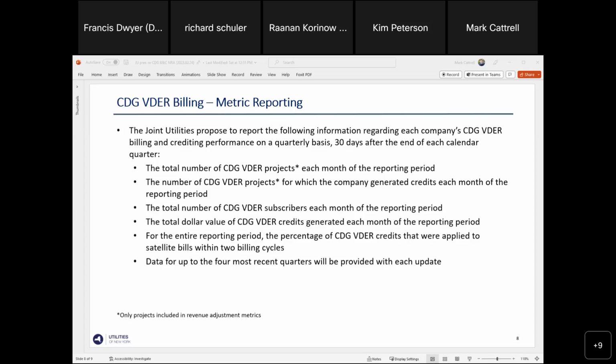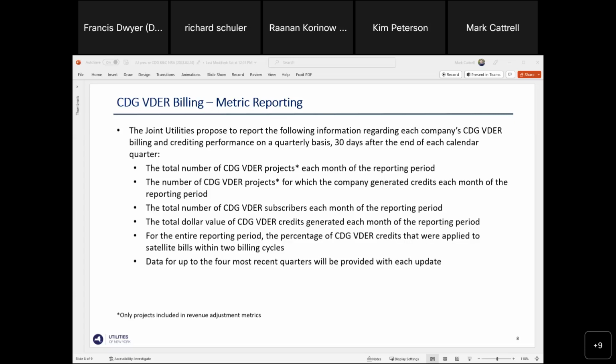I'll take the first stab at this, Ron from Con Edison, and others might add some perspective as well. We're taking timeliness as the pressing issue to really get at the heart of what matters for CDG crediting.